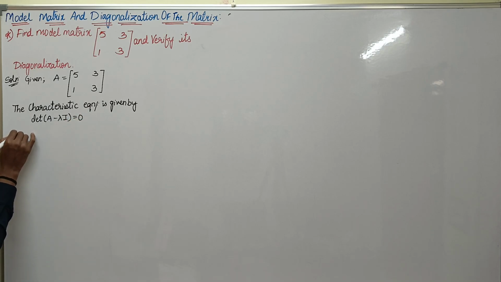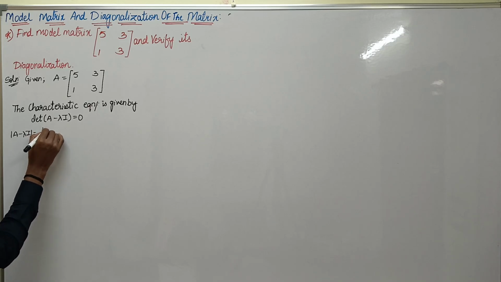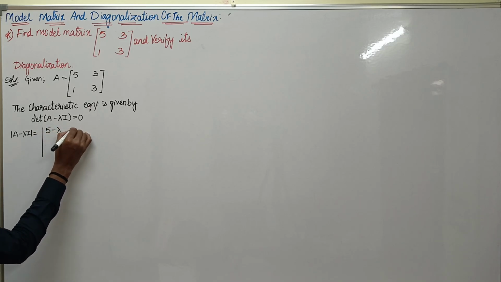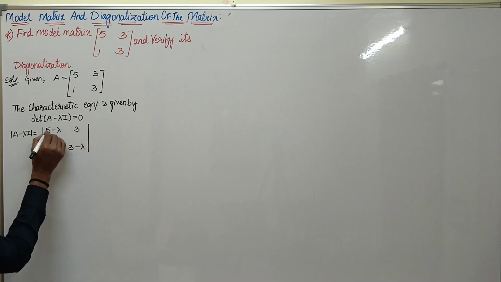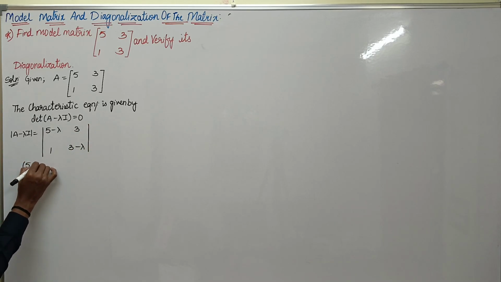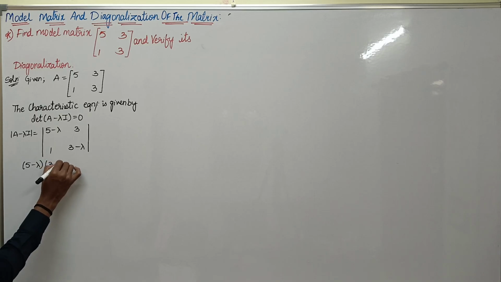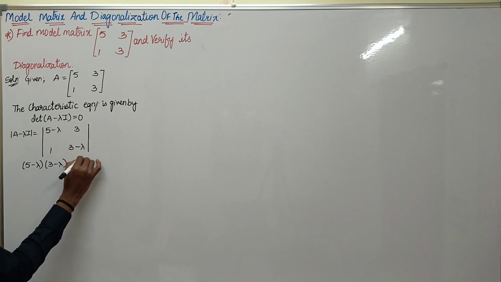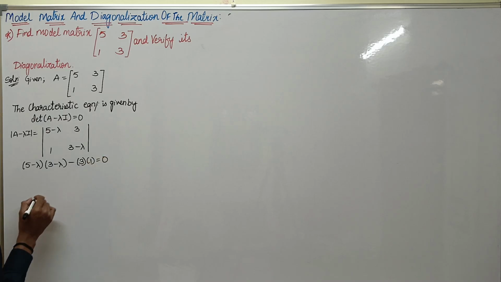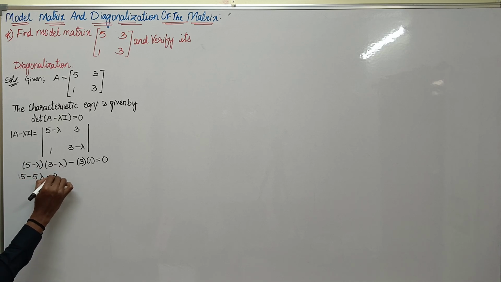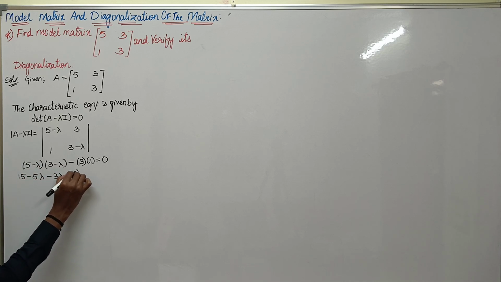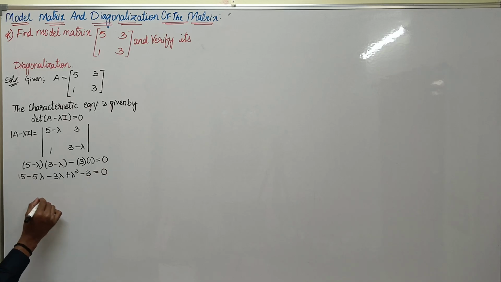That is the determinant of 5 minus lambda, 3, 1, 3 minus lambda. Multiply 5 minus lambda into 3 minus lambda, minus 3 into 1, equal to 0. 5 threes are 15, then minus 5 lambda minus 3 lambda plus lambda square minus 3, equal to 0.